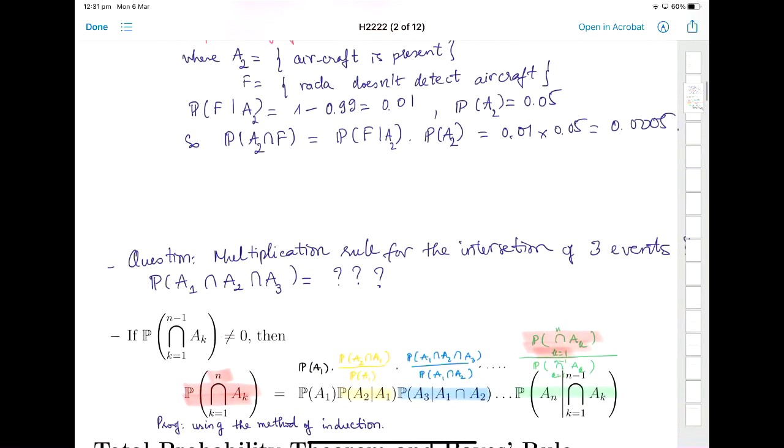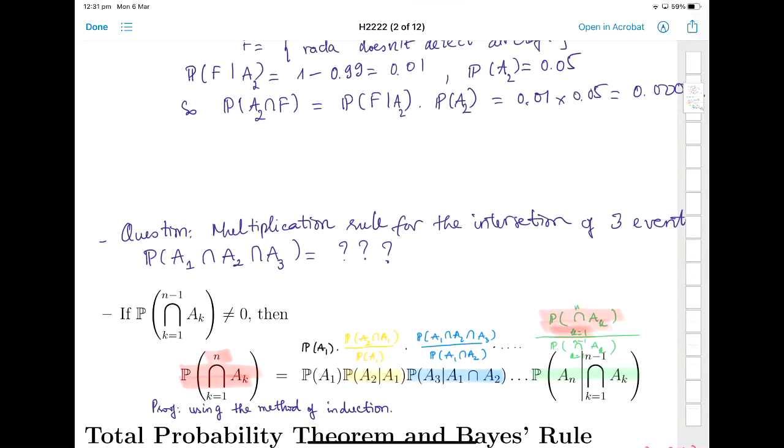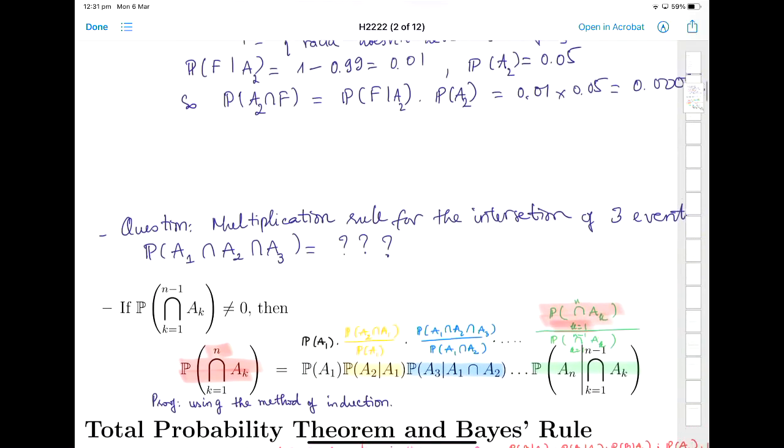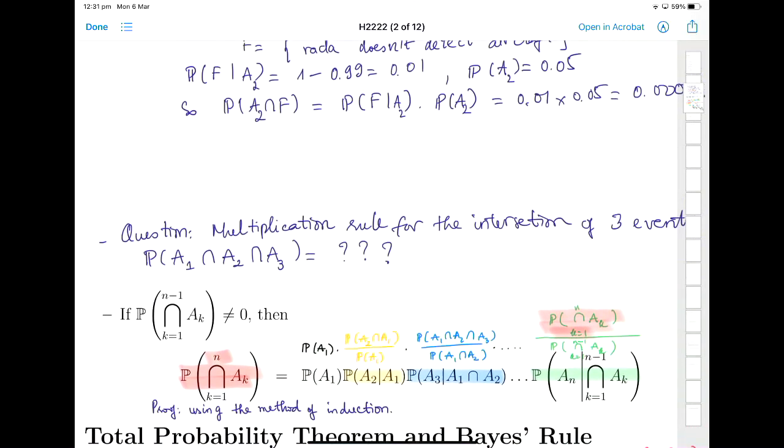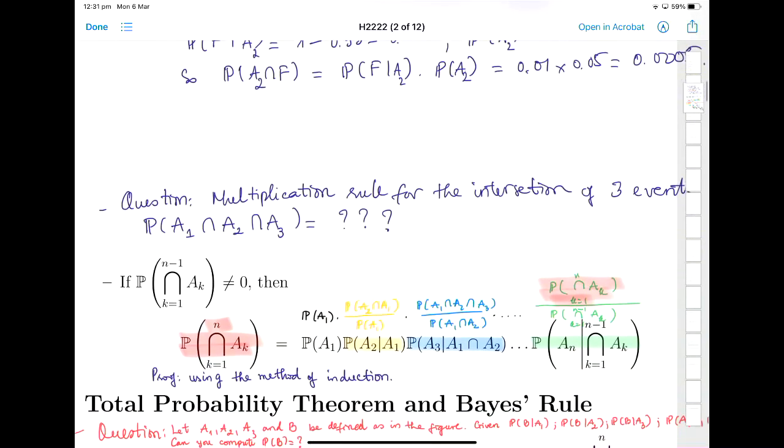Okay, for the general case, when we have the intersection of n sets, on the condition that the probability of the intersection of the first n minus 1 sets is not empty, then you have the following formula.